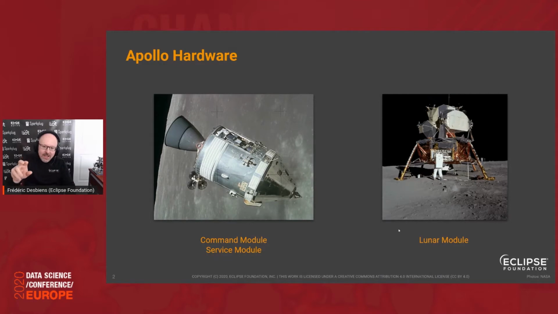It contained equipment, fuel tanks, oxygen tanks, and lots of scientific equipment that was used throughout the mission. Together, they were the main part of the spacecraft. Only the command module came back to Earth. The capsule was the only part of the spacecraft designed to re-enter the atmosphere.